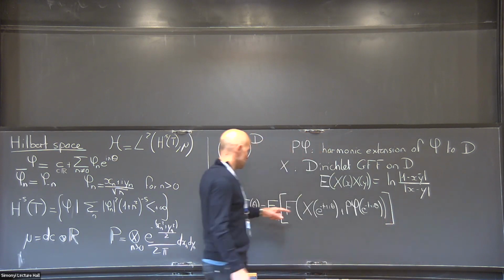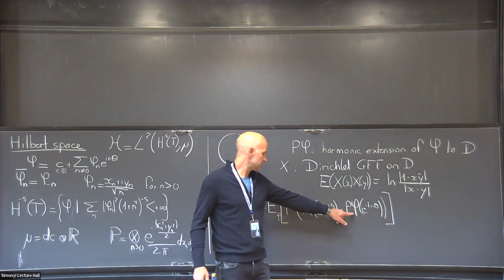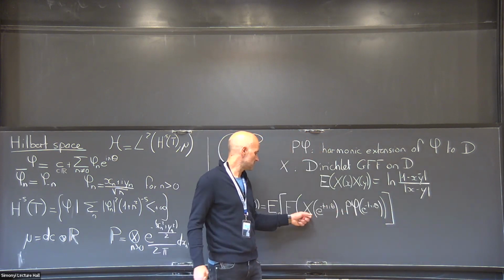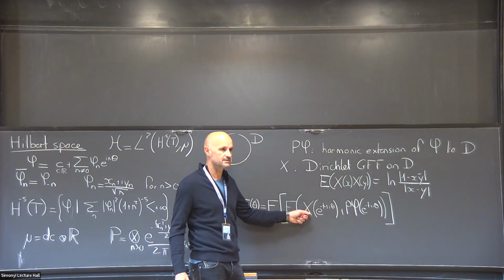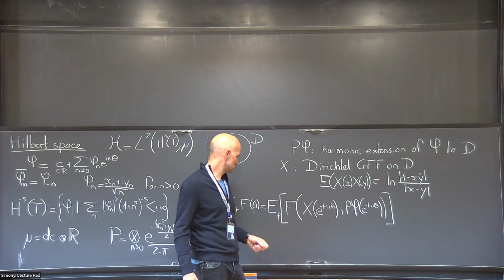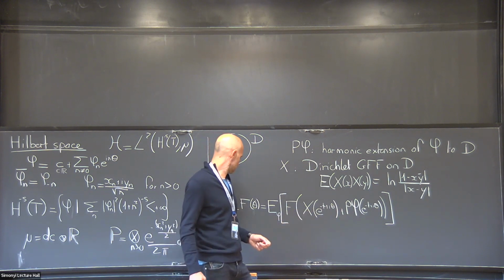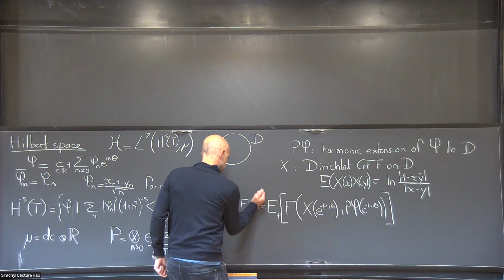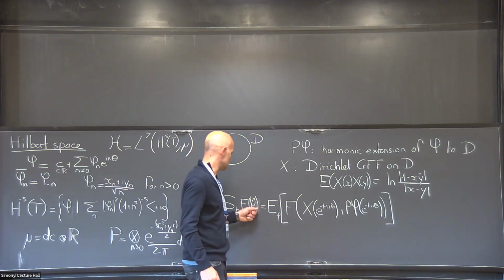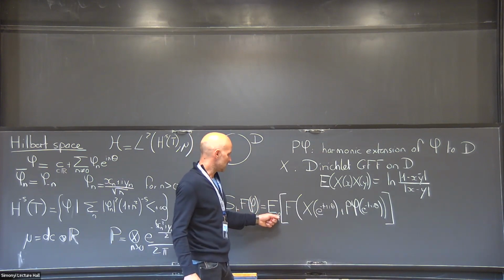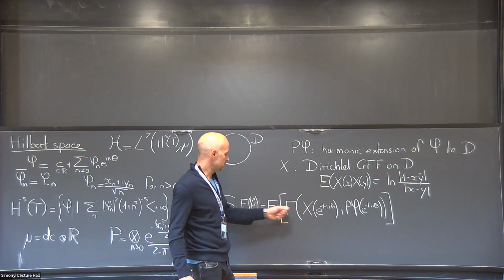Okay, so here I have two fields, the phi here is fixed, and I have a Dirichlet GFF, and I'm integrating over x, only x. It's a function of phi. So here I'm fixing the field and I'm integrating over x. This means that I condition on phi.